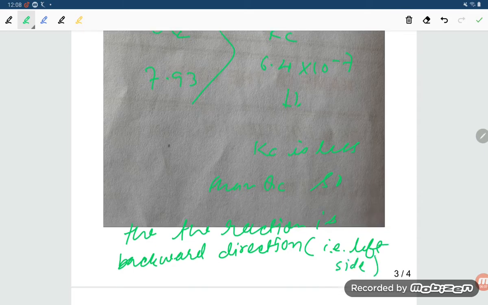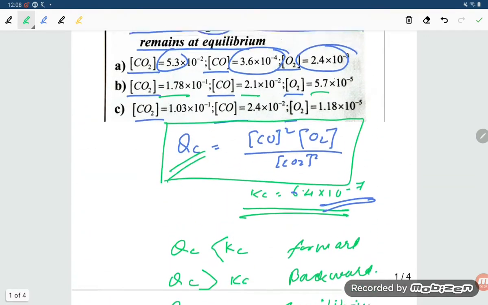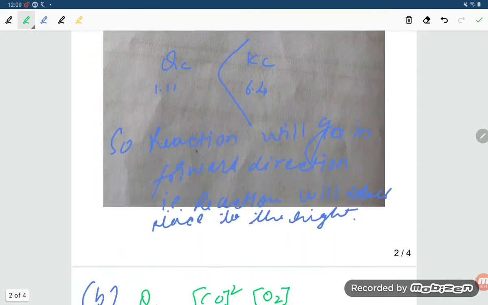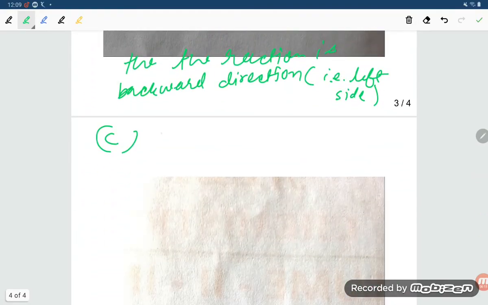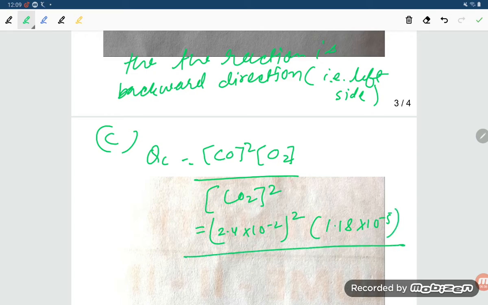Now let us look at part C. There are also different concentrations: CO is 2.4 into 10 power minus 2, O2 is 1.18 into 10 power minus 5, and CO2 is 1.03 into 10 power minus 1.